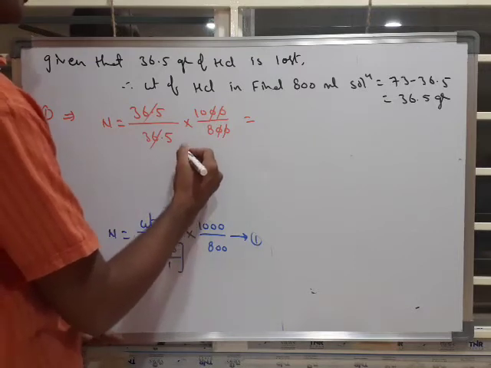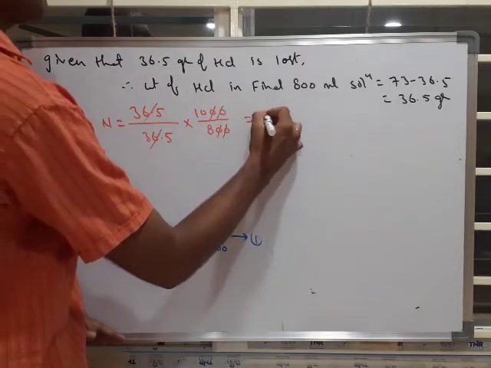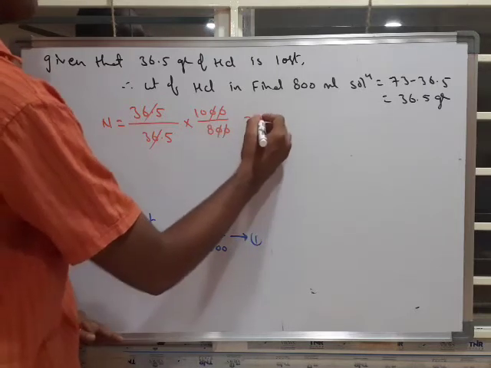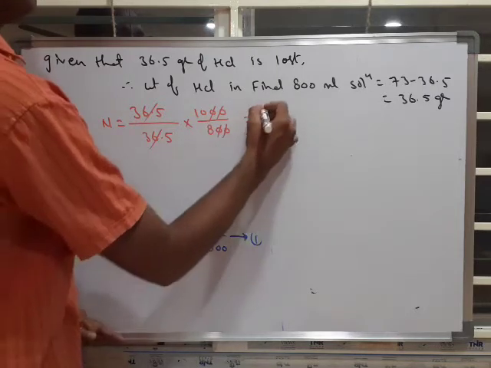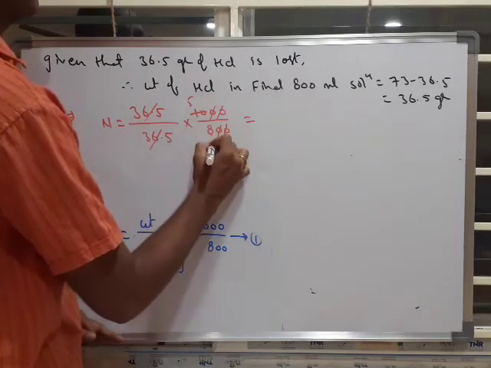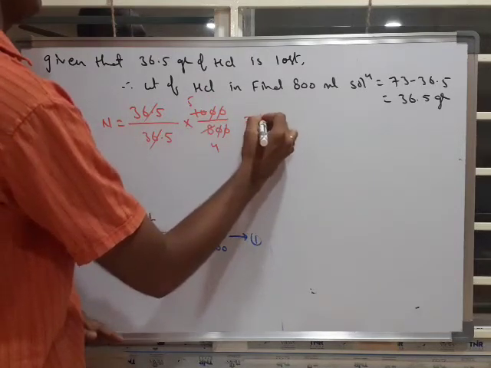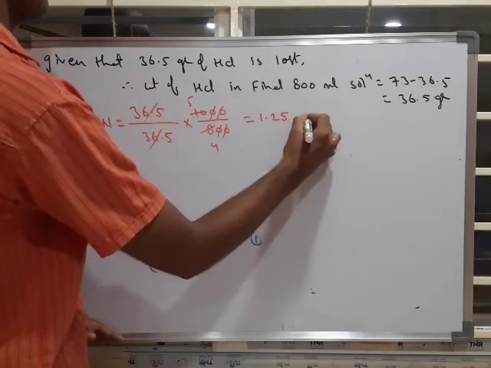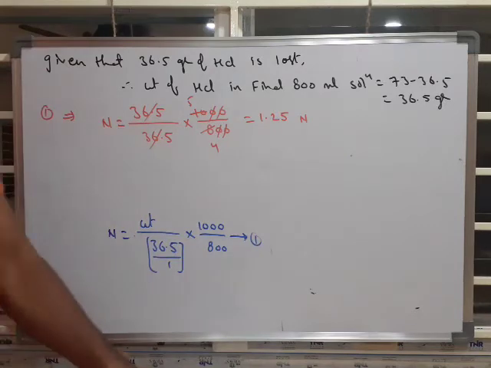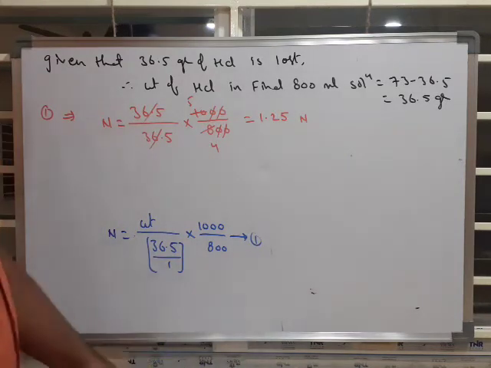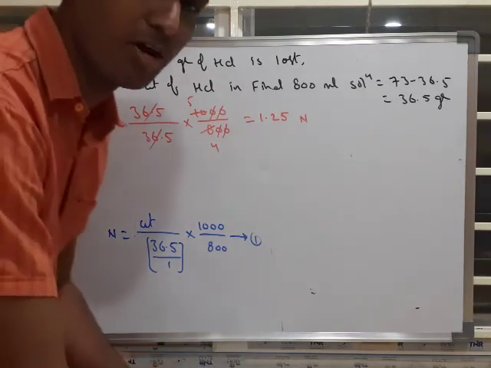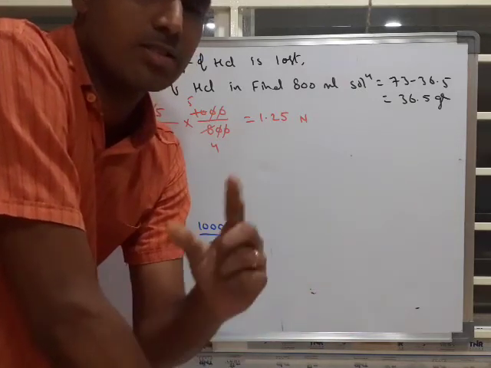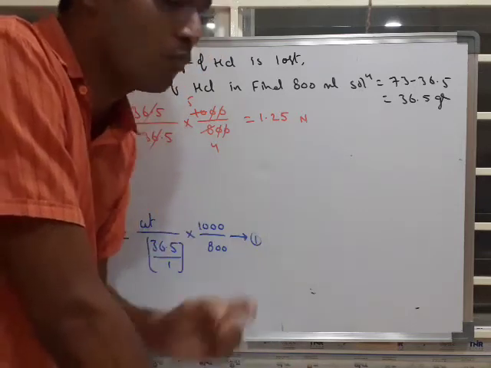So by 10, how much are you getting? 1.25. So the normality of the final solution is 1.25 normality. That means after complete heating, the remaining 800 milliliter solution has a normality of 1.25.